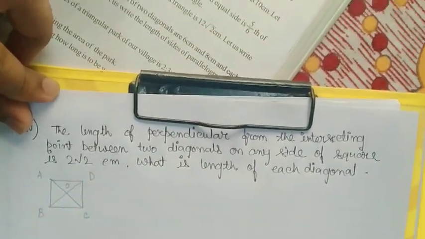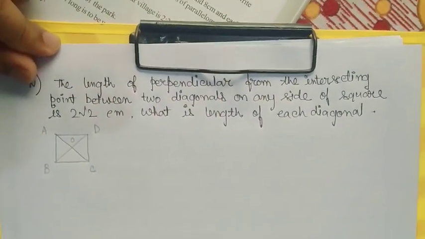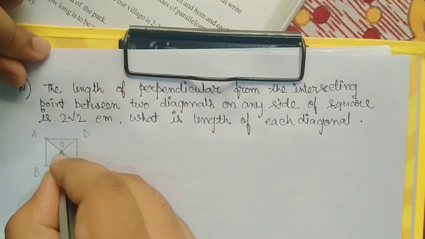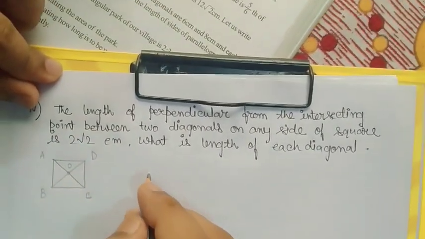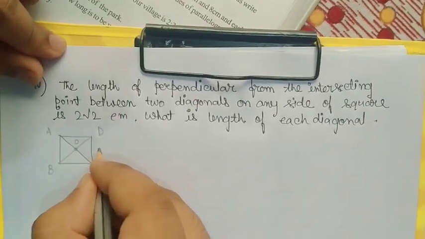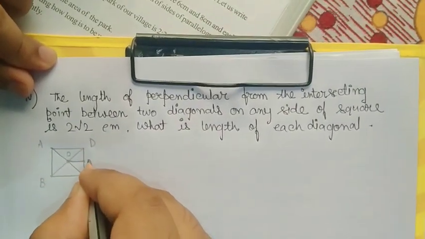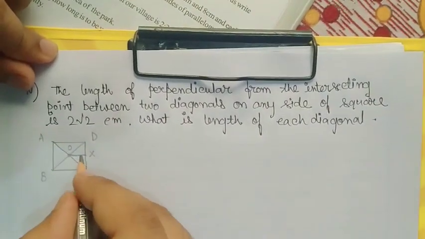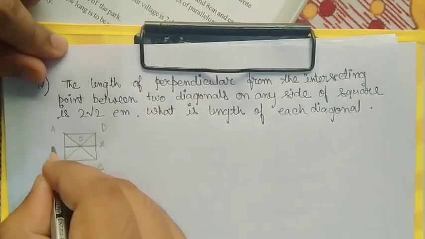This is O. Now it is said that from the intersecting point between two diagonals, this point O, the intersecting point of two diagonals AC and BD, on any side of the square a perpendicular is drawn. So this is the perpendicular OX, and we can draw the same perpendicular here.